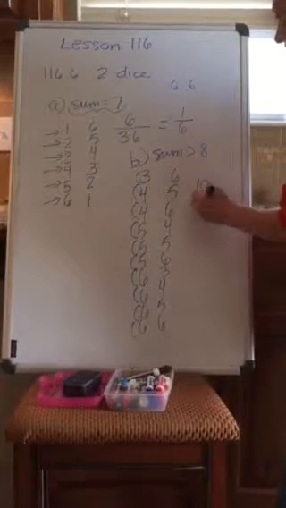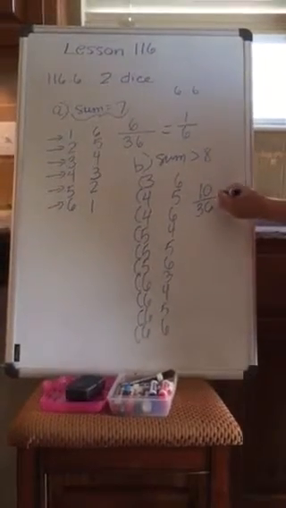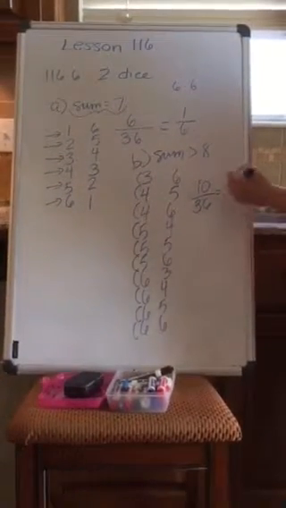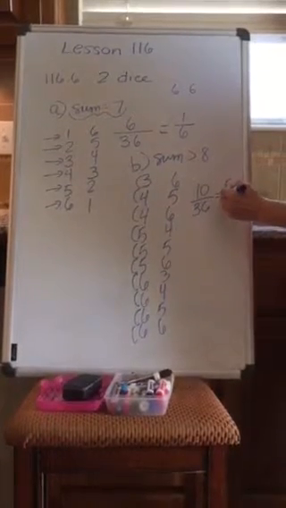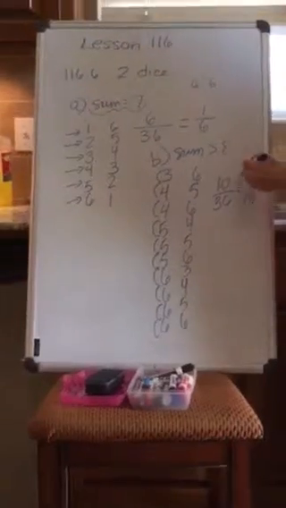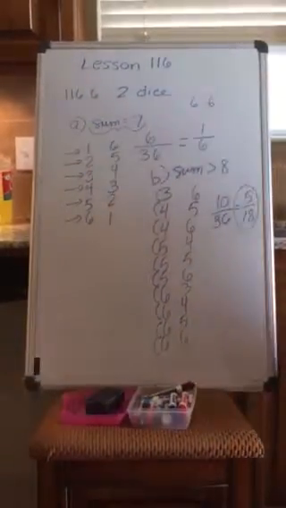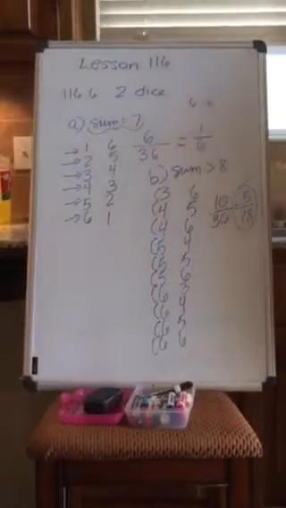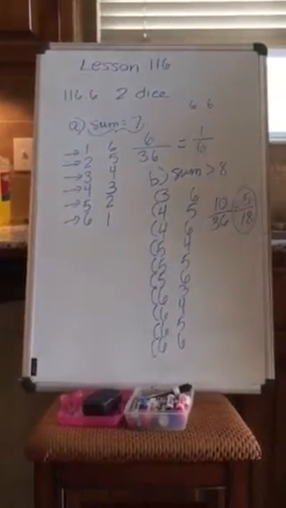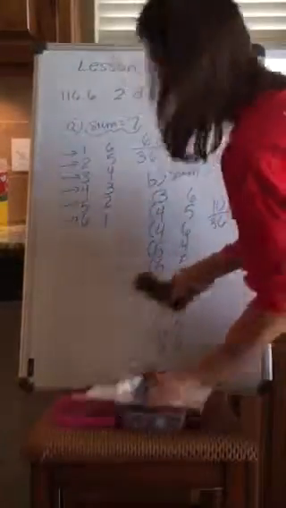So it's 10 out of 36, which can be simplified, correct? Both of them are divisible by 2, so that would be 5/18. So 5/18 would be the probability that I get a sum greater than 8. And then let's look at 116.7.